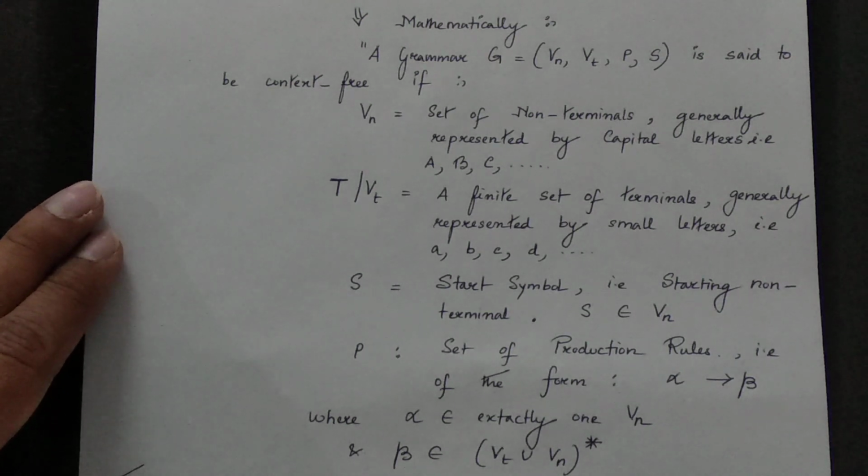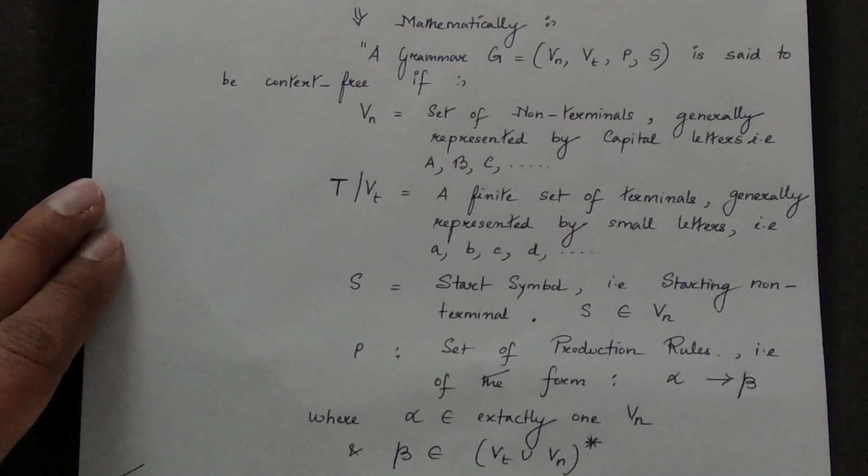Rest everything, the question will come across as a grammar CFG, a grammar G. So don't get confused, we will be working on the same process. If you want to distinguish context-free grammar and regular grammar, you have to identify the small difference in the production rule, in the left-hand side, that is alpha.